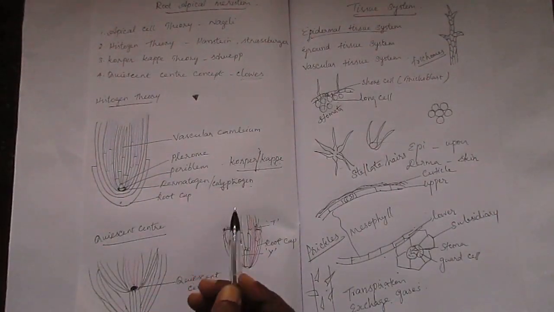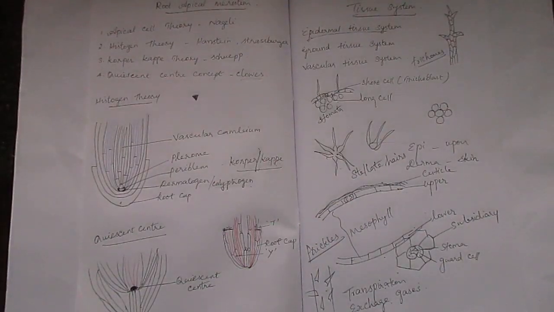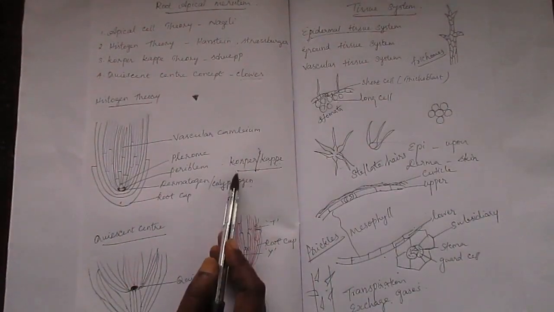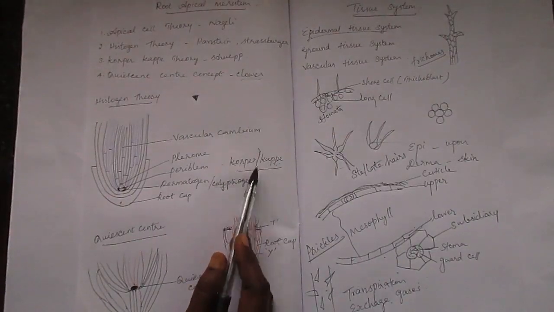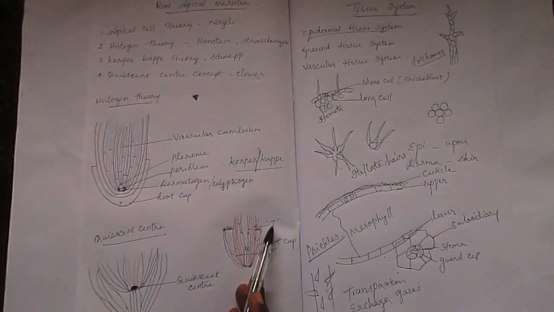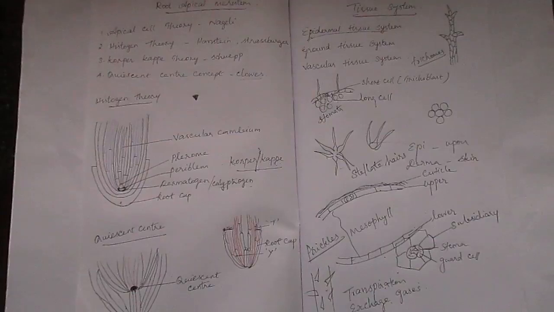In the previous class you learned about shoot apical meristem. There was a theory, tunica corpus, in which the shoot system is divided into tunica and corpus. Likewise, this Carper cape theory shows 2 regions, Carper and cape. When you look at this diagram very closely, you find there are 2 divisions, T-shaped division and Y-shaped division.